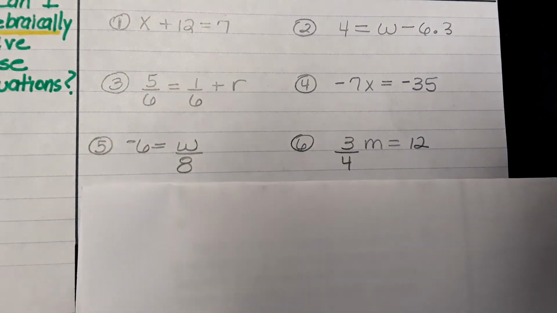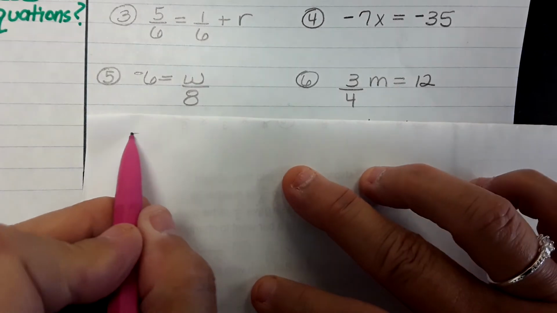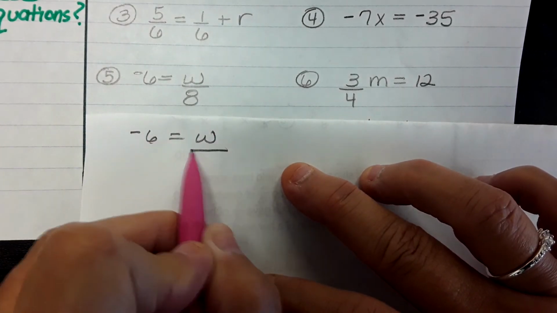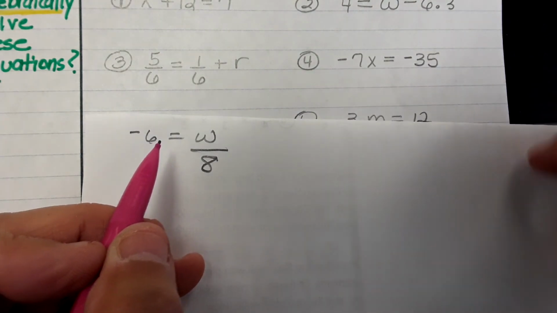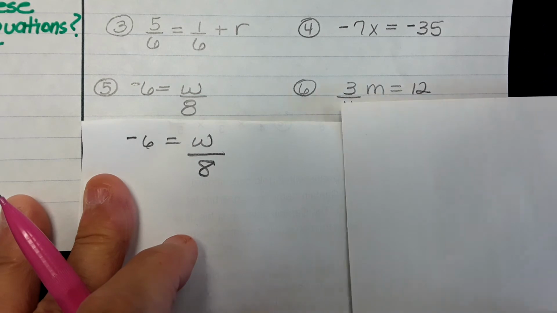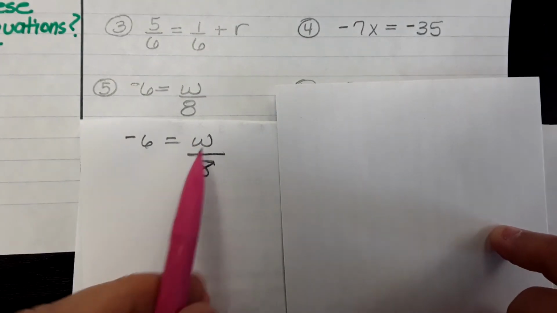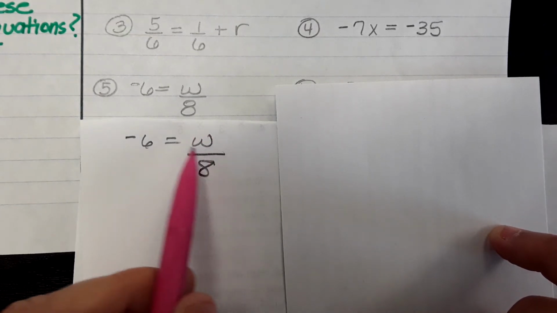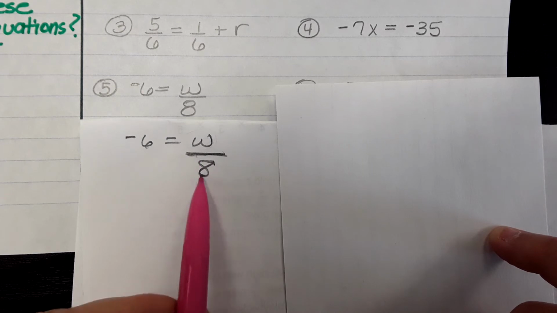Number 5 reads negative 6 equals W over 8. Negative 6 equals W over 8. Okay, now notice I just recopied it. All right, so step 1, identify the variable, and that's W. Now they're dividing W by 8.